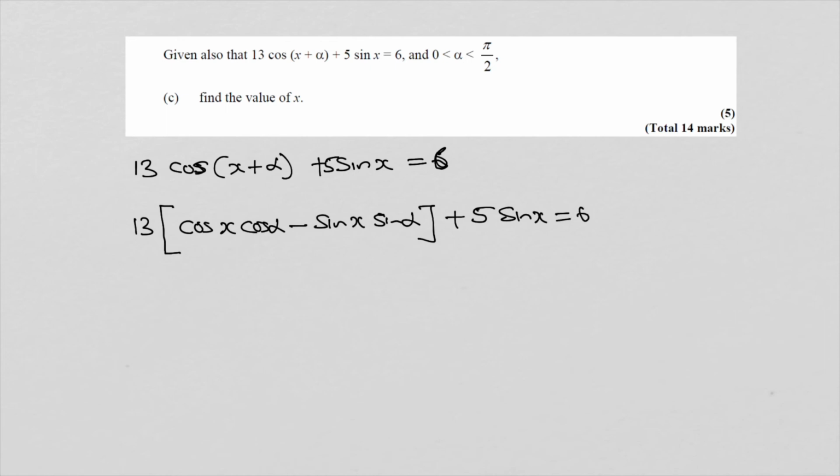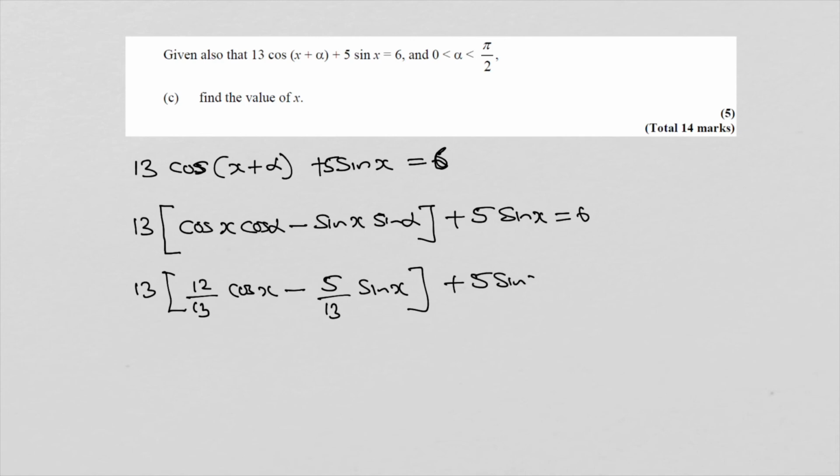Now, cos alpha, we know what that is because we just worked it out, so that will be 13, open bracket, cos alpha is 12 over 13, cos x, minus sine alpha is 5 over 13, sine x, plus 5 sine x equals 6.